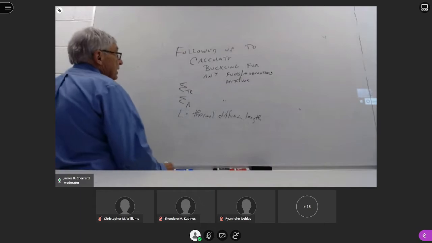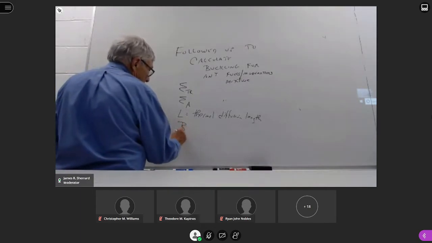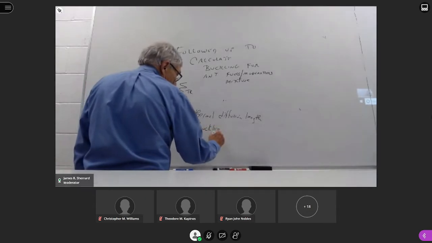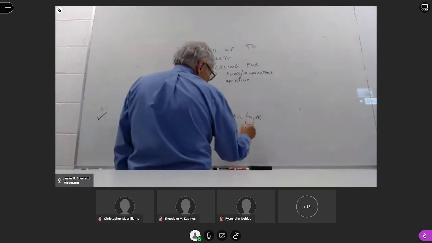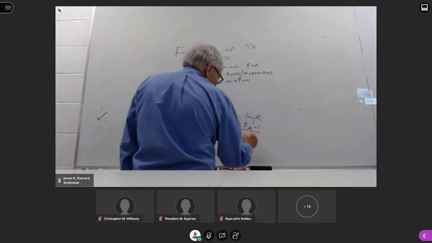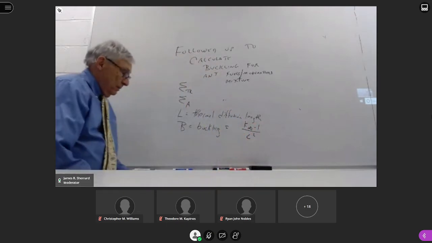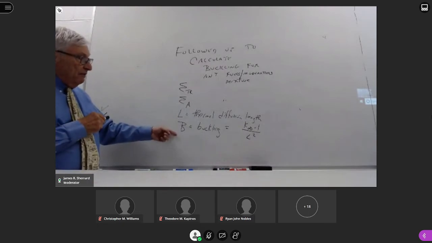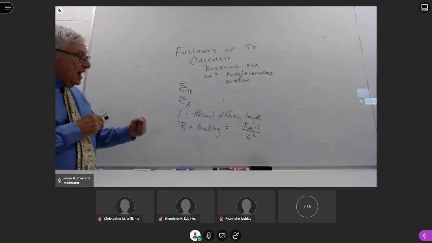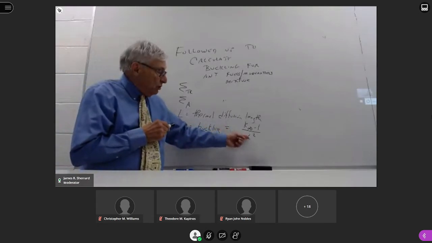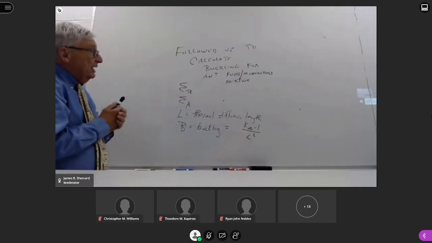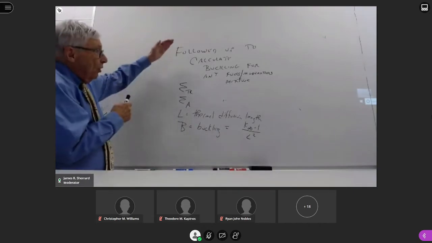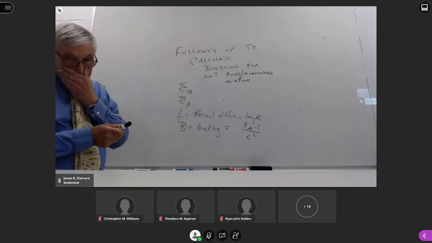We use those to calculate B, which was buckling. And that came out to be K infinity minus 1 over L squared. So this buckling value is found by looking at the fuels and moderator mixtures and all the earlier things that we calculated.